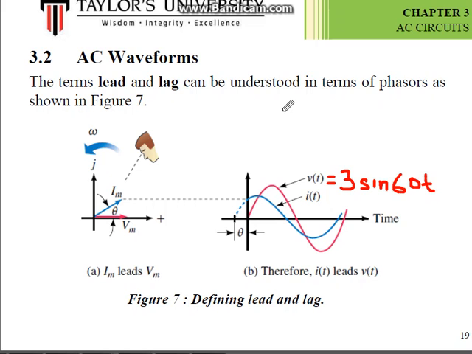Because for any phase difference, if I write down just the general term, it will just be, let's say, Em sine omega t, and then it could be plus or minus your phase degree itself.